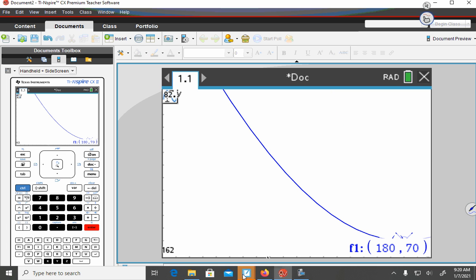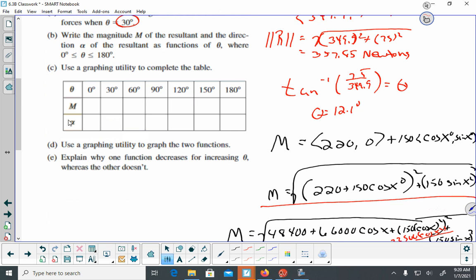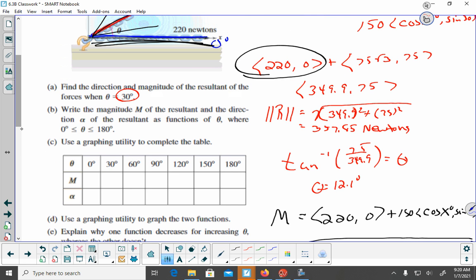The next thing I'm going to do is it wants the angle. So to find the angle, if I want to use my calculator, I can set up another equation. But remember, when I want to do my angle, I'm going to do the inverse tangent. Up here when I did the inverse tangent, this 75 was the sine of that angle, and then this was the 220 plus 150 times the angle.